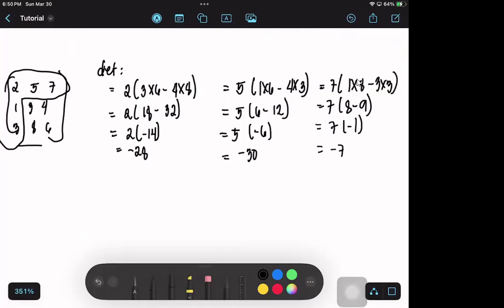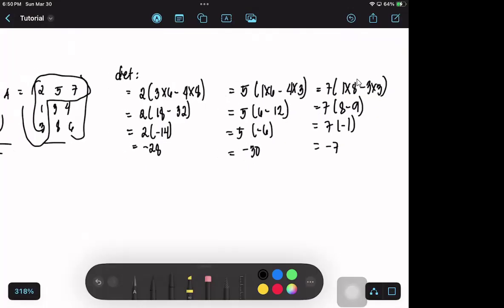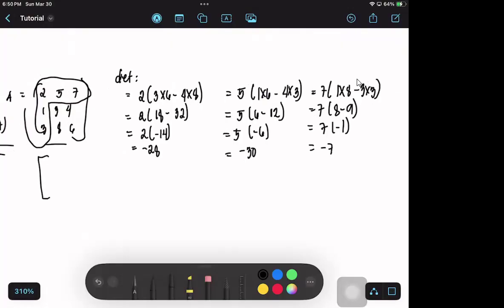Since this is a 3 by 3 determinant, we multiply by the sign pattern: positive, negative, positive, negative, positive, negative, positive, negative, positive. So this will be different, and we multiply in order for us to really get the value.